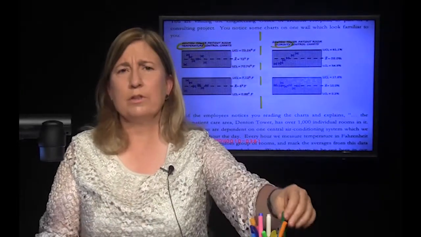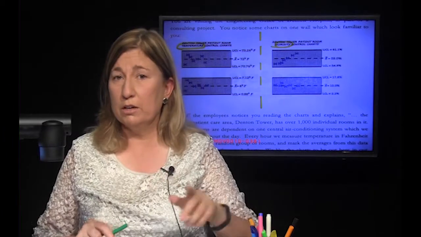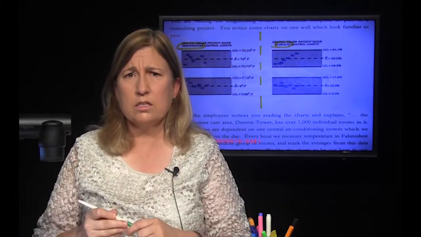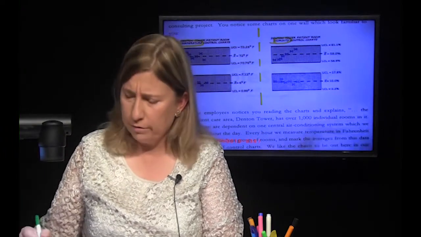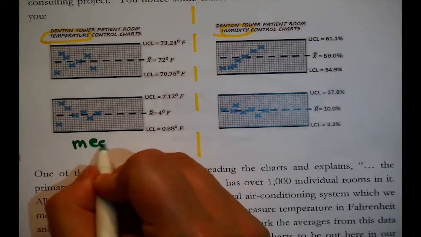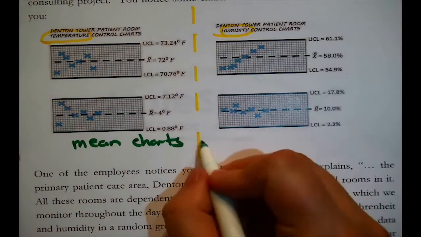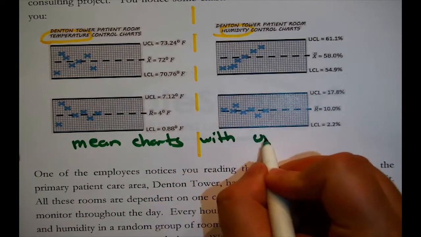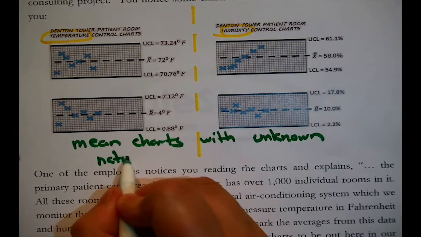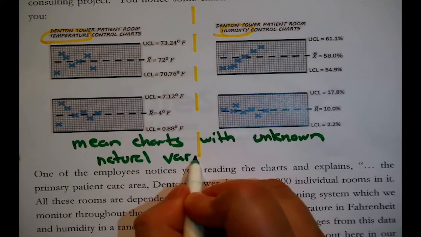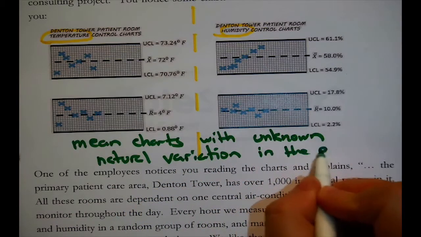That tells me something else right away without reading any further: apparently the Denton Hospital Engineering Office needs mean charts, the top ones, with unknown natural variation in the process.